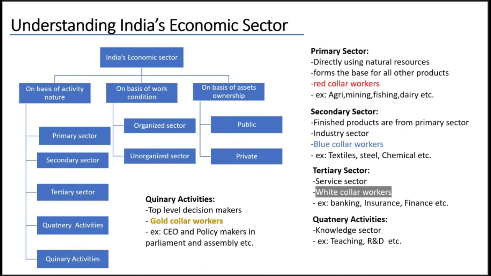The people who work at the decision making level, for example, company CEOs and policymakers from parliament and assemblies of states come under this sector. The people who work at this level, we call them gold collar workers. This is about different sectors present in Indian economy.